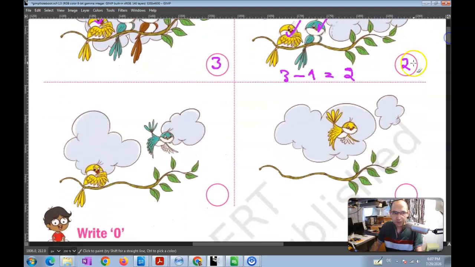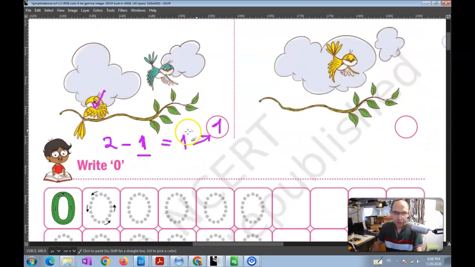Now the 2 birds that we had over here, one of them flies away, so what remains is just 1 bird. So we had 2 birds and one of them flew away, and what remains is just 1 bird that we have over here.